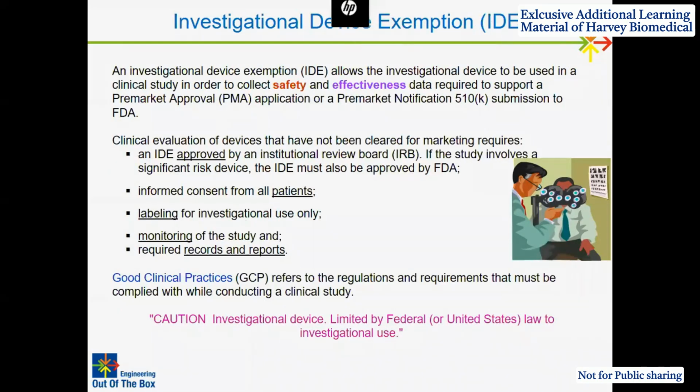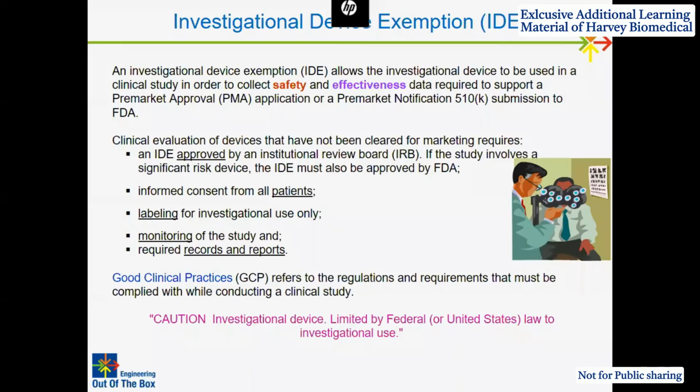This is IDE, investigational device exemption. When will this IDE come? Suppose there is already a device in the market, and we are going to upgrade or update the device, then we are investigating the new device, right? That's the reason they call it an investigational device exemption.